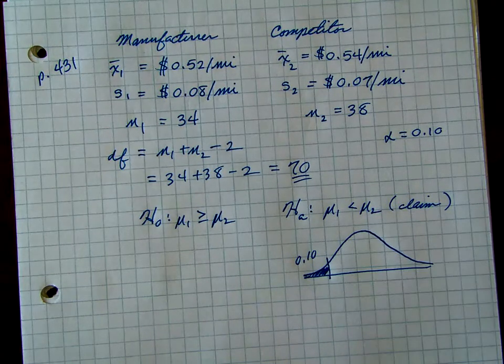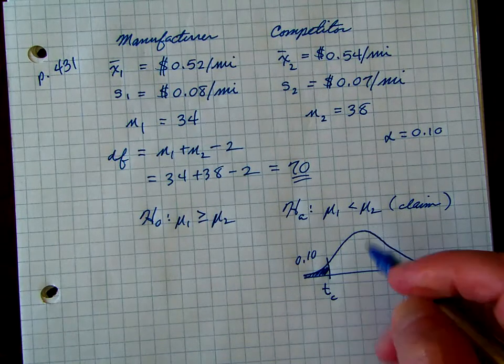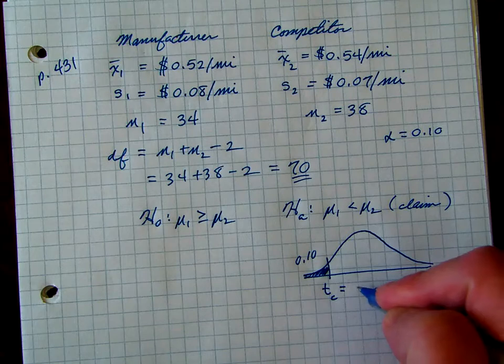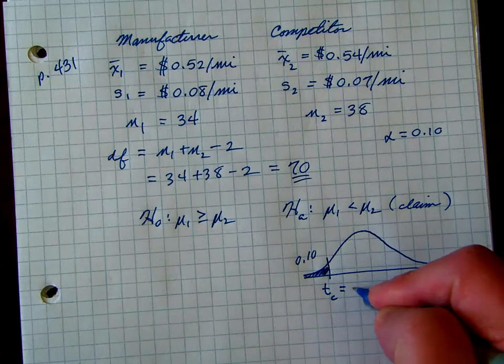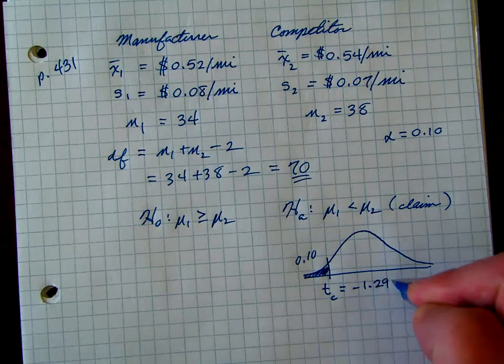And you're going to find out when you check this that your critical value is minus 1.294. And we know how to find that.